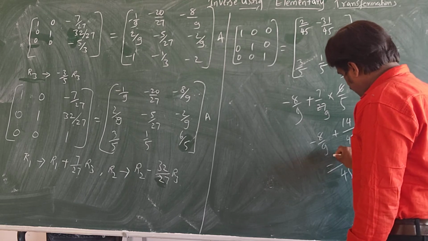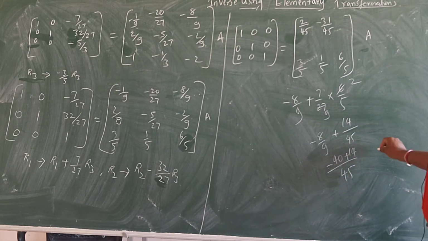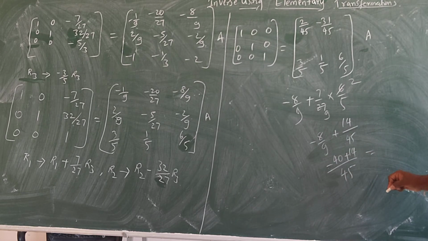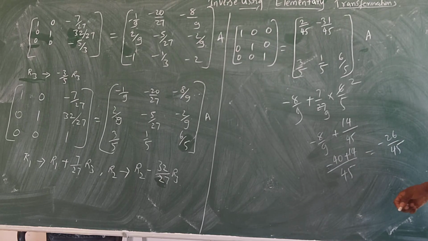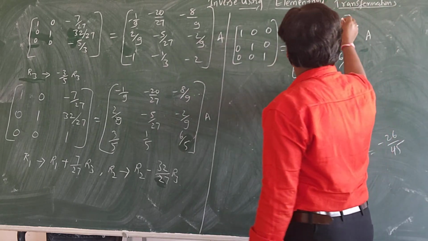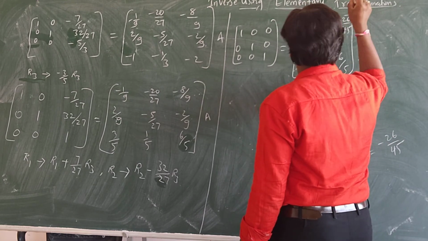Okay, 8 5s are 40 plus 14. Right? 40 plus 14 is how much? Minus 26. Minus 26 by 45. No cancellation. Minus 26 by 45 you got.